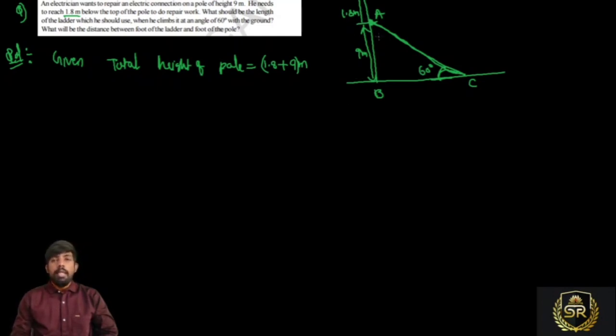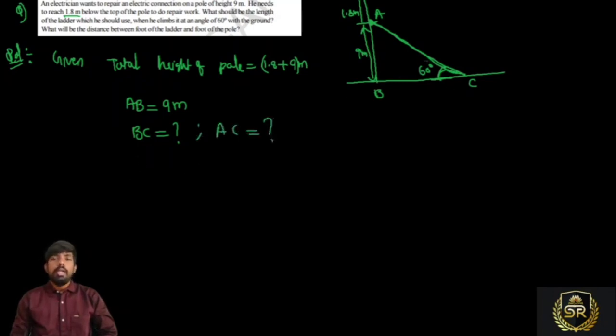But here we need only AB. So from the given data, AB is equal to 9 meters. Next, BC is being asked, and AC is being asked.